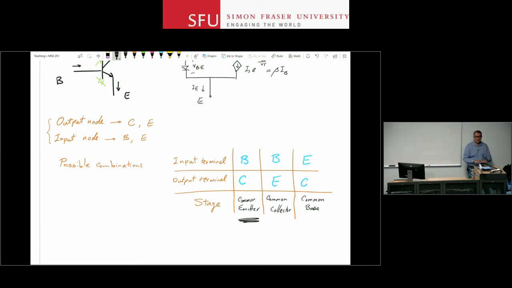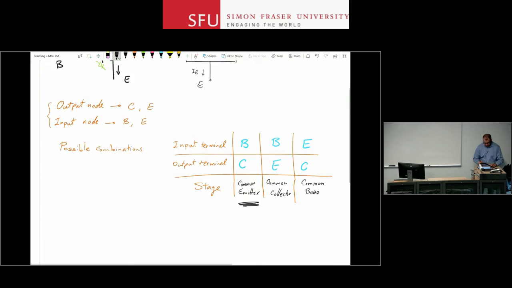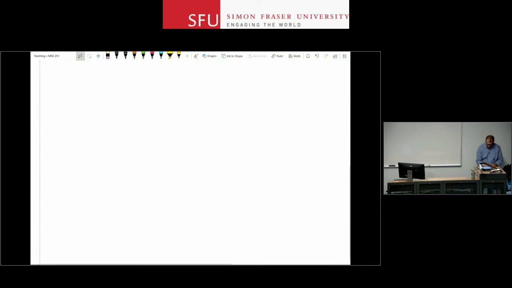So let's look at a basic common emitter stage. The most basic common emitter stage is going to look like this.